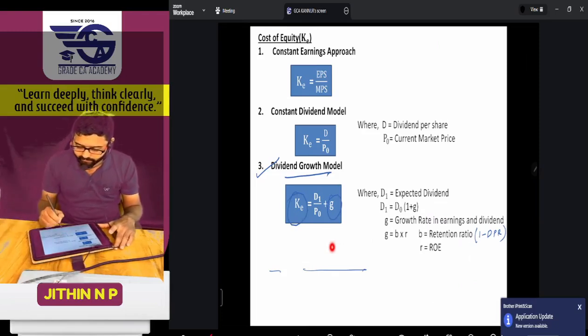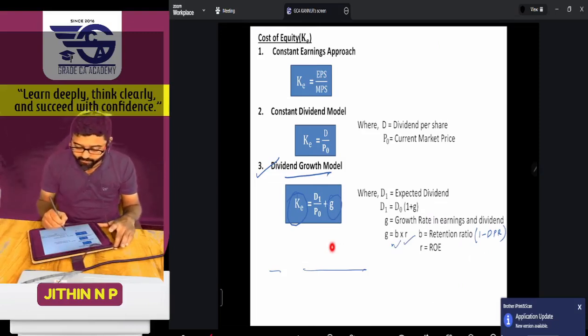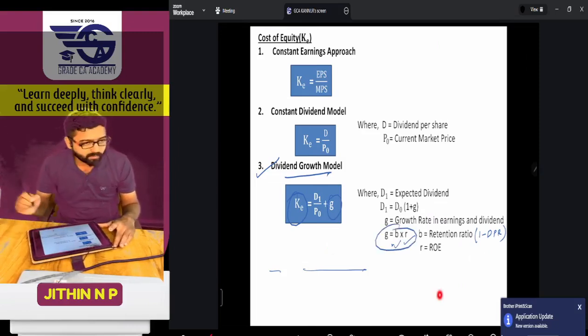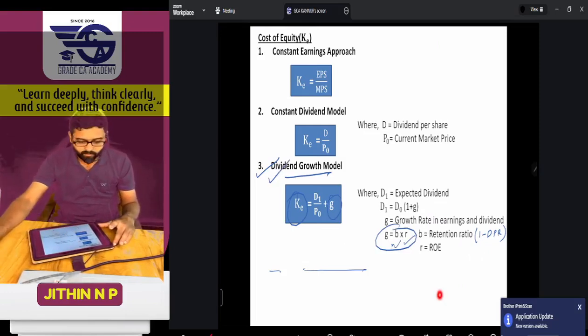Or the question may give the retention ratio and return on equity, and in that case also you can find the growth rate using this formula. Then also you should consider the dividend growth model. Clear? If the question gives you G or any details regarding the computation of G, then you should apply the dividend growth model. Clear?